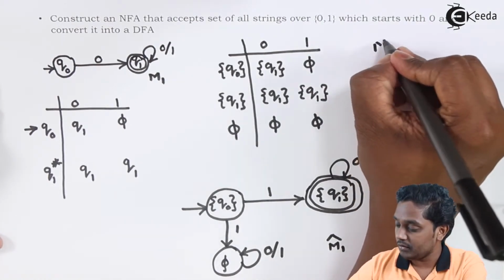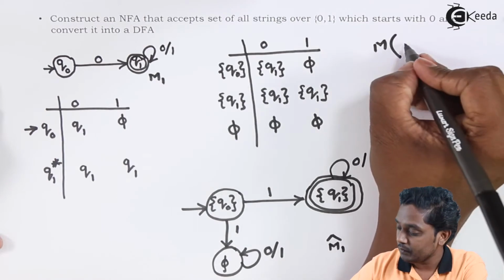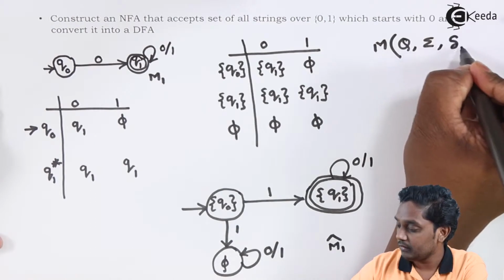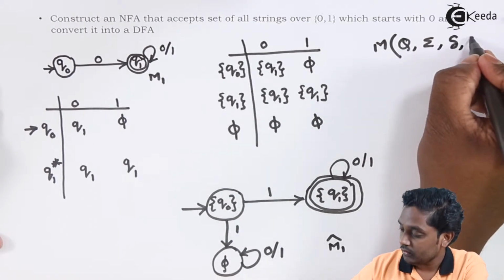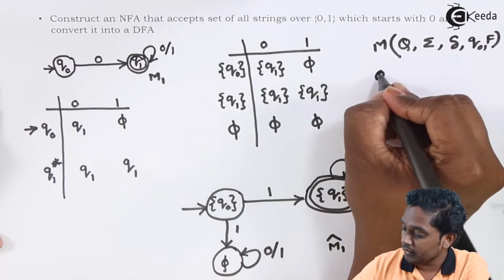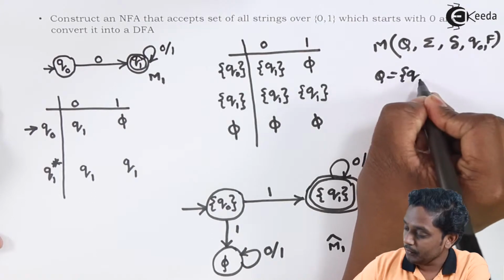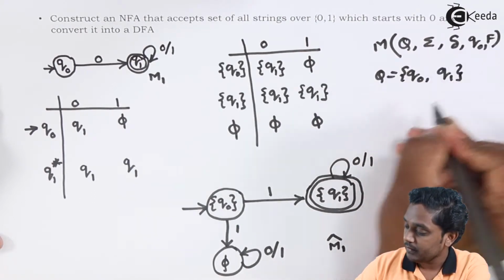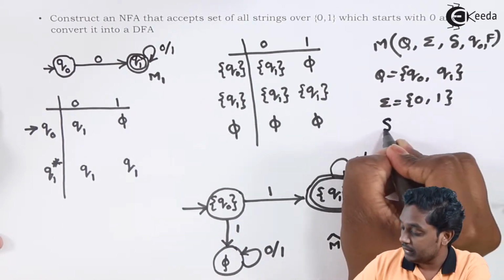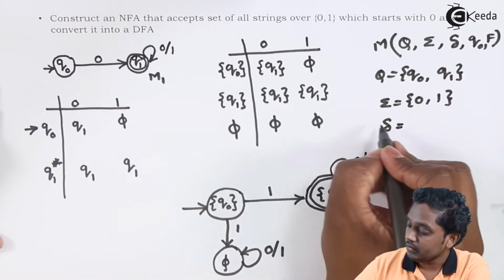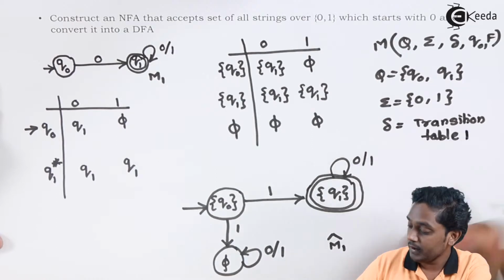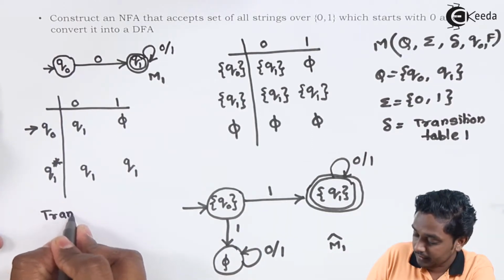We say that M contains Q, sigma, delta, Q naught and F, where Q has Q0 and Q1, sigma is 0 and 1, delta is given using this transition table 1.